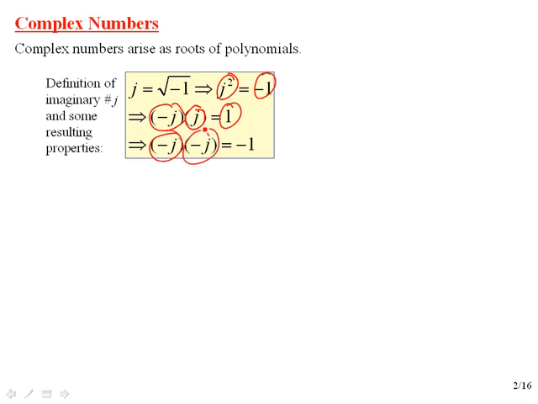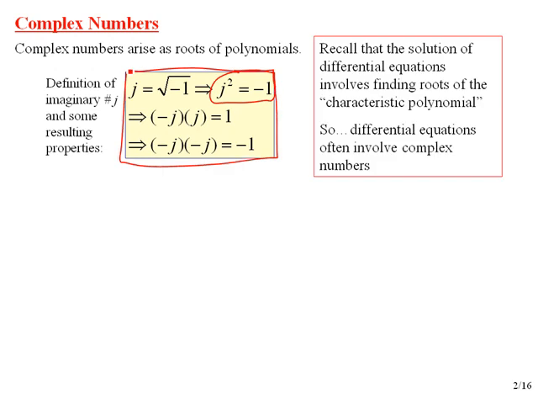Well, the minuses cancel each other, and we end up with j squared again, which is minus 1. So those are just the fundamental properties, and you don't have to memorize them. All of that actually comes from just this one definition. If you can just remember j squared is equal to minus 1, all this other stuff in this box can be puzzled out from that.